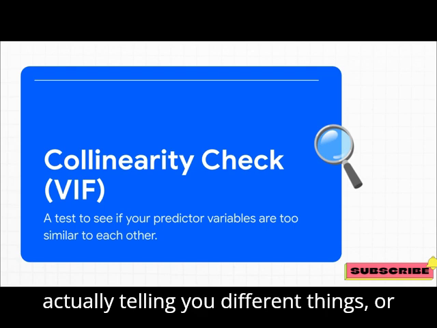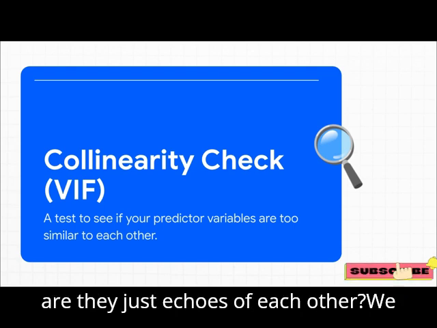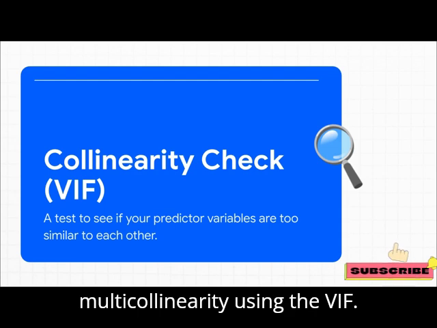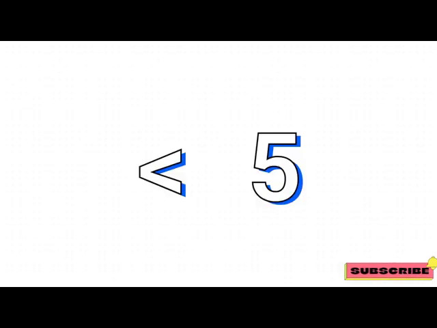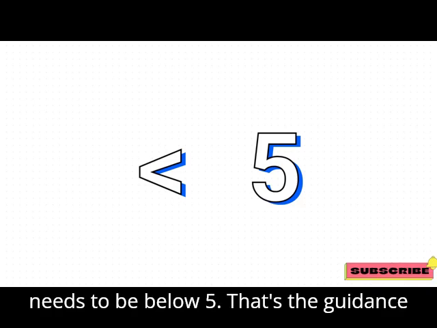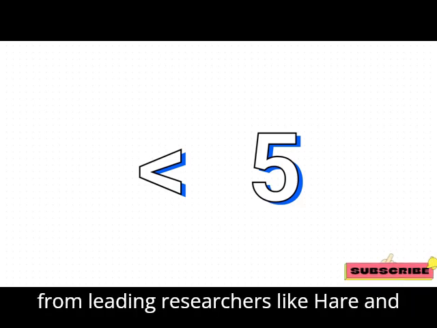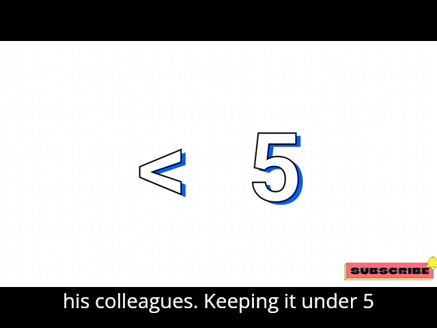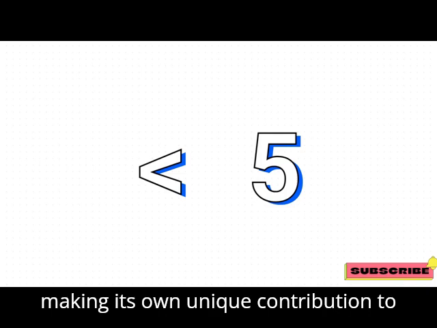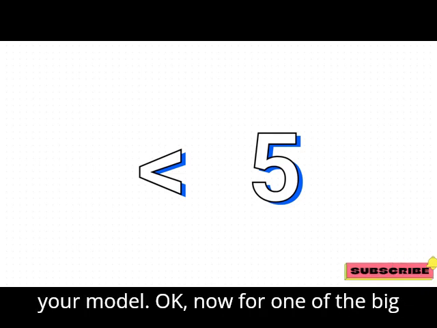Are they actually telling you different things, or are they just echoes of each other? We check for this, it's called multicollinearity, using the VIF. The variance inflation factor, or VIF, needs to be below 5. That's the guidance from leading researchers like Hair and his colleagues. Keeping it under 5 ensures that each of your predictors is making its own unique contribution to your model.